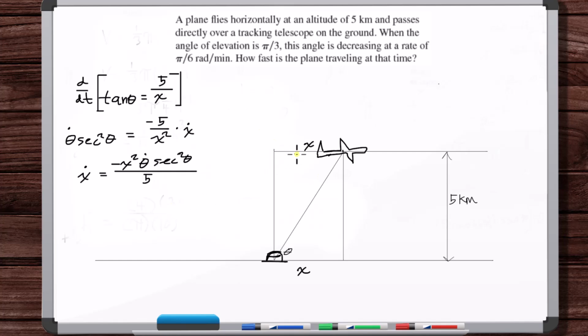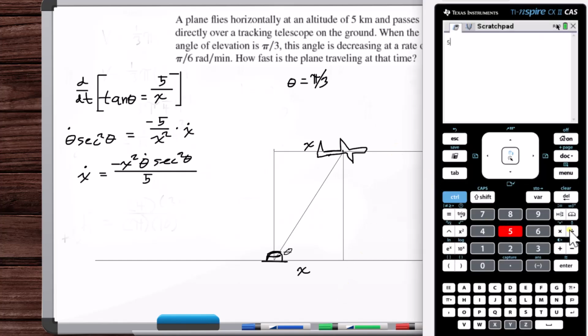And actually we do have information about the position of x because we know the angle of elevation. So we can solve for x at this moment. So, okay, theta is going to be pi over 3. x is going to be 5 over tangent theta.